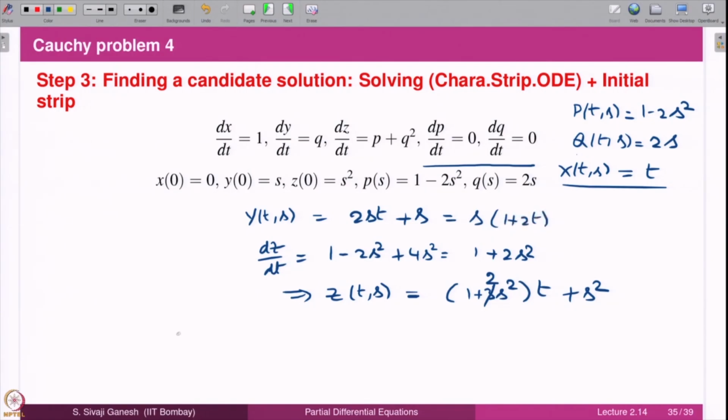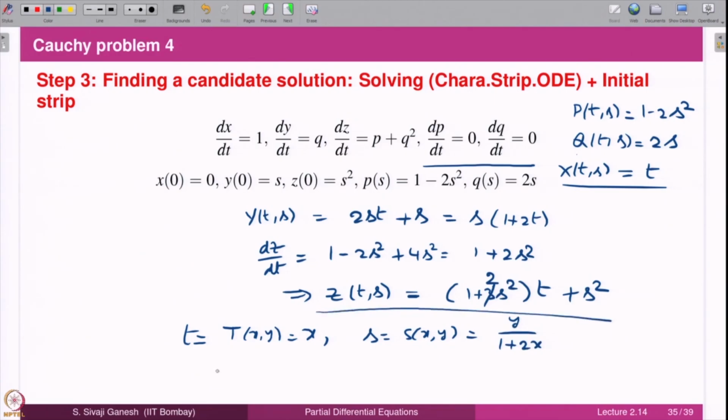So, what we get is t of (x,y) is equal to x and s of (x,y) is equal to y by 1 plus 2x. So, when we substitute in the formula for z, the solution we obtain will be u(x,y), after simplification, x plus y square by 1 plus 2x.